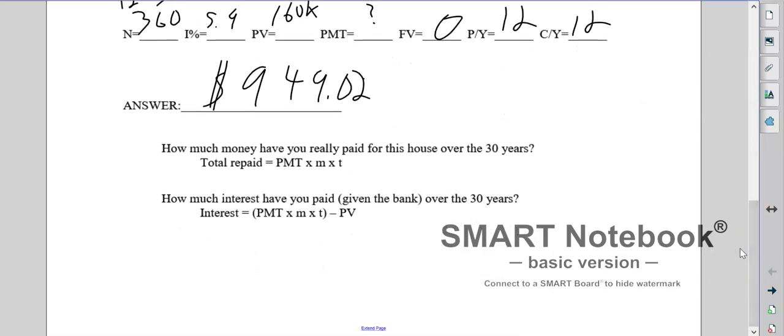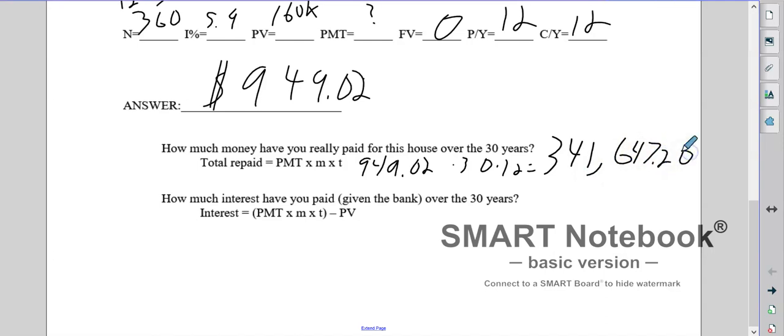Now, how much money will you have really paid for this house over 30 years? So you're going to take the 949.02 times the 30 years times 12 payments. And for this $200,000 home, get ready for this. This is the pain of adulting. You're going to pay back $341,647.20.